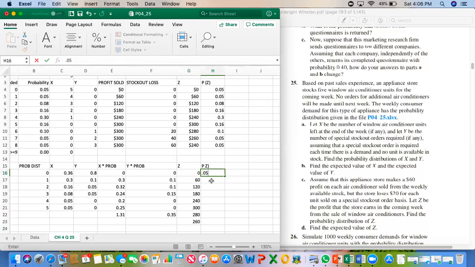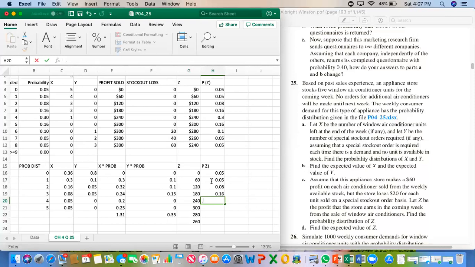Okay. What's the probability of a 60? 0.05. What's the probability of 120? 0.08. What's the probability of 180? 0.16. What's the probability of 240? Look carefully. I have to add those two. 0.3 and 0.05.